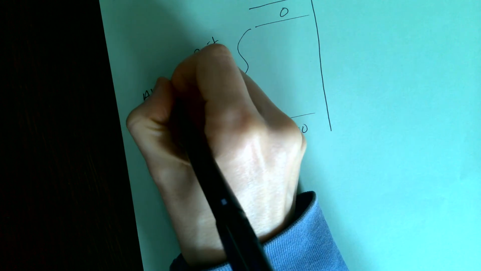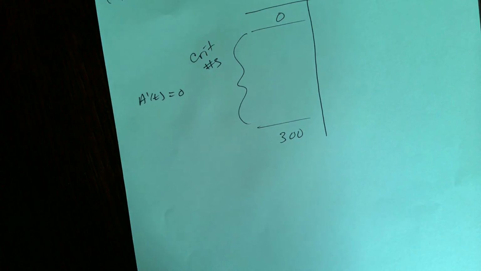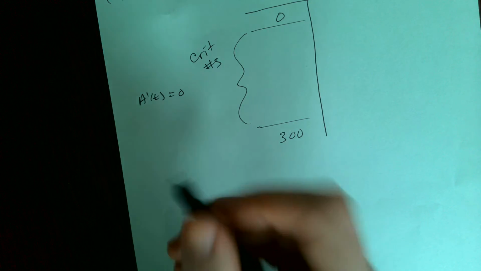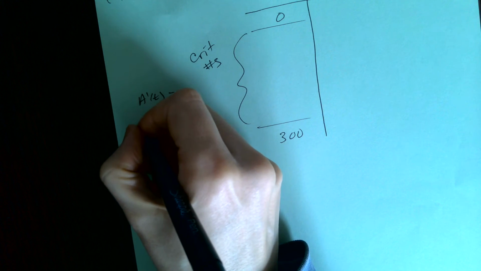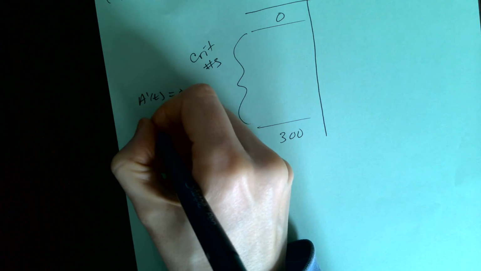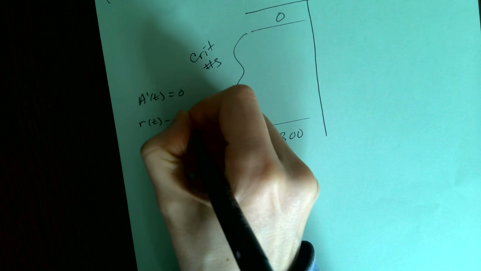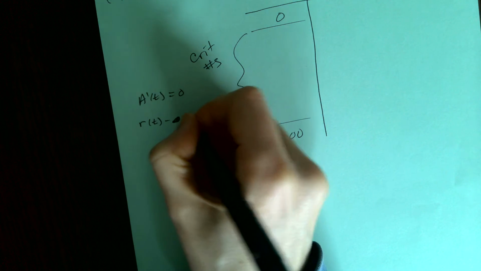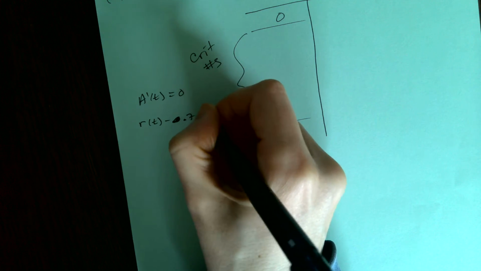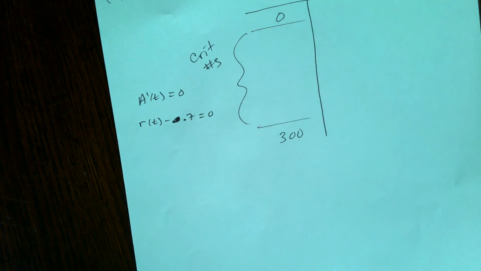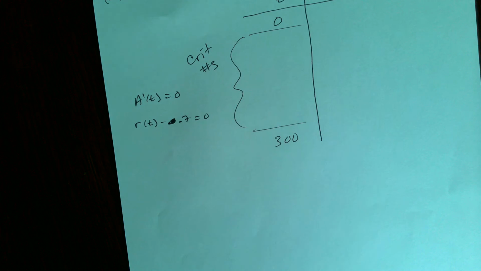So A prime of t equals 0. That's what we want. So what is A prime? A prime is the rate in minus the rate out. So that's going to be R of t minus 0.7 equals 0. That's what I want to find.